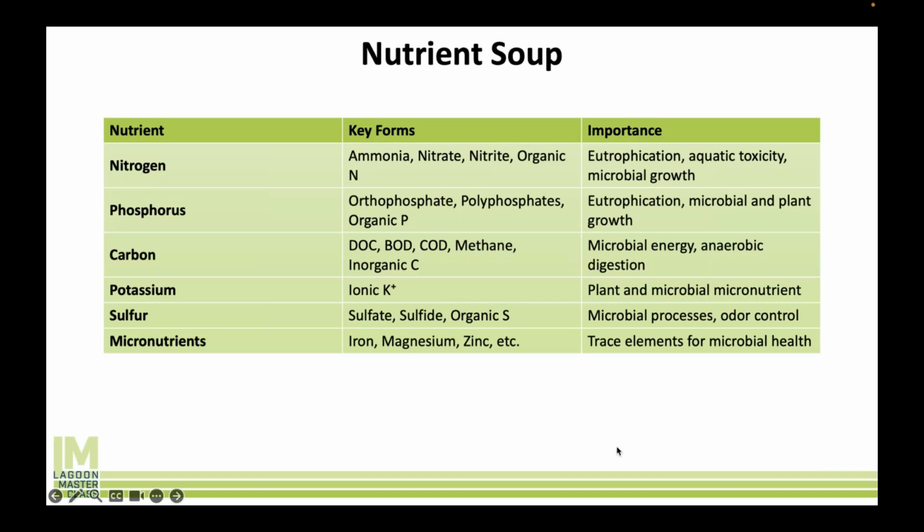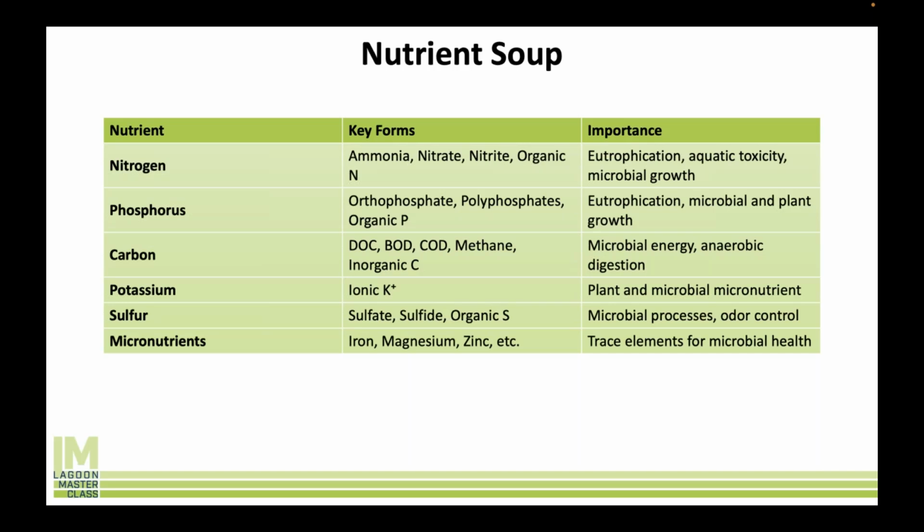Of all the nutrients that we see, the regulators are really focused on three: nitrogen, phosphorus, and carbon. Within nitrogen, we have the different forms which we'll go through. Nitrogen is a nutrient that fertilizes plant growth. Then we have phosphorus, which I'll talk about on Thursday. We have three different types of phosphorus that make up total phosphorus, and it's also a nutrient that fertilizes plant growth.